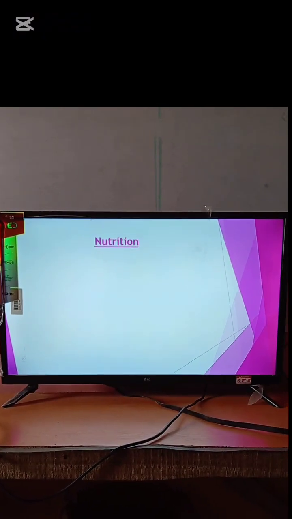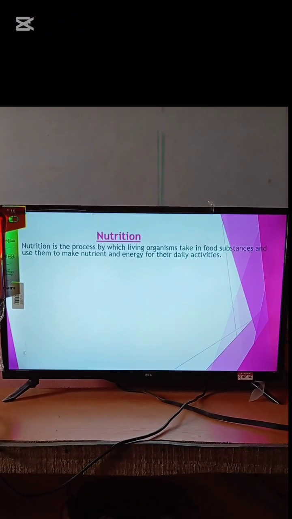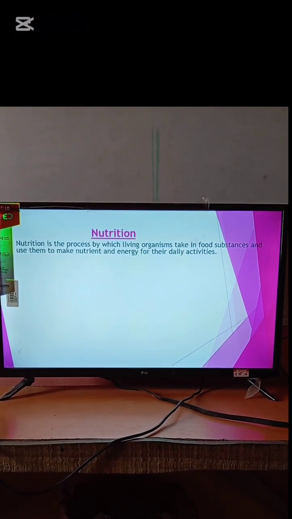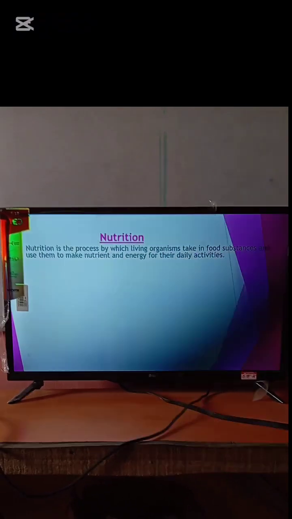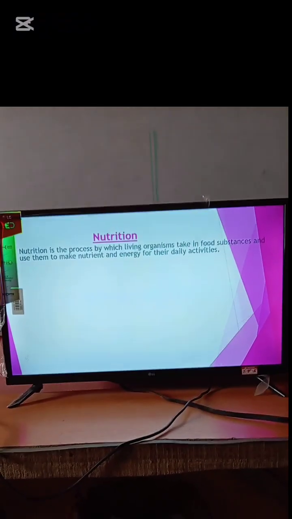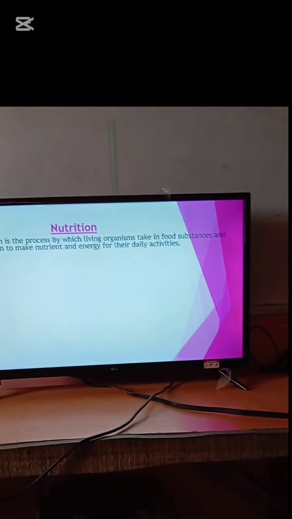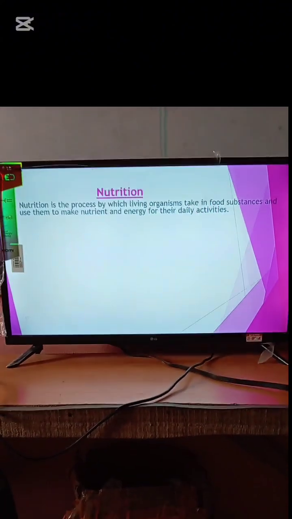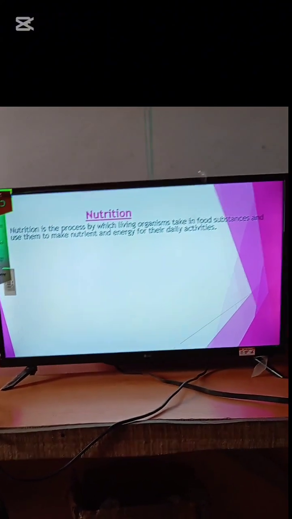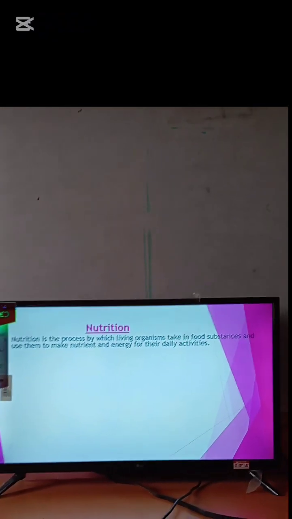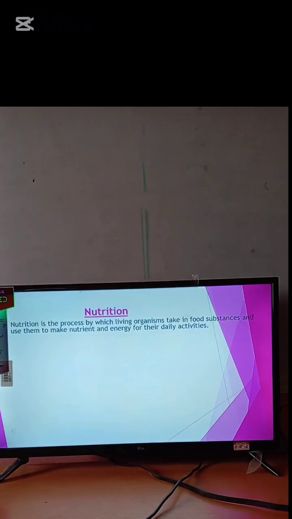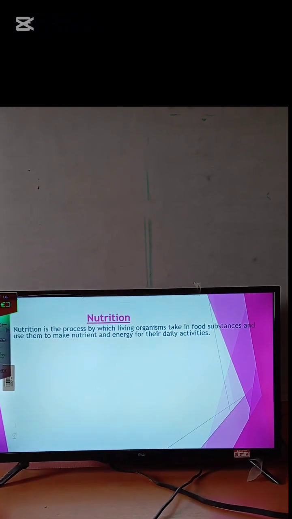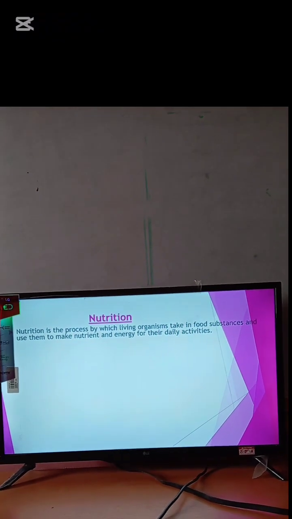Now, nutrition. Nutrition is the process by which living organisms take in food substance that is used to make nutrients and energy for their daily activities.